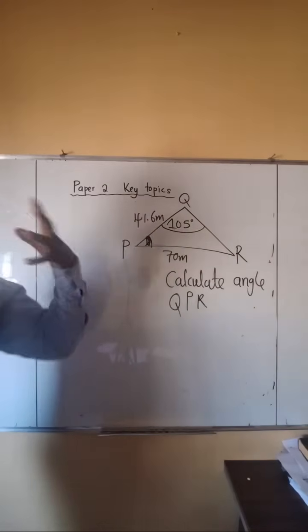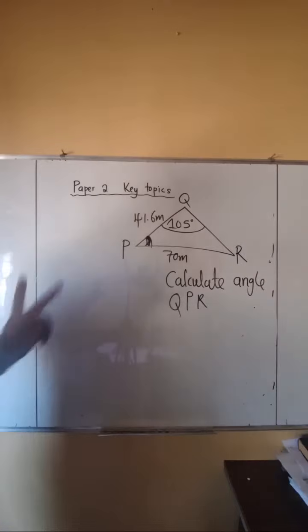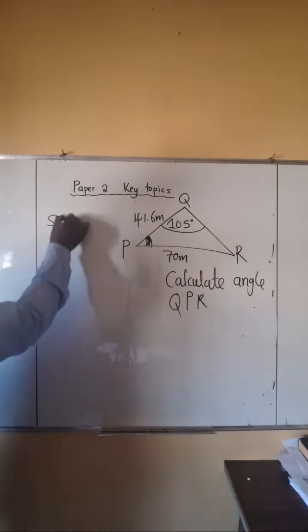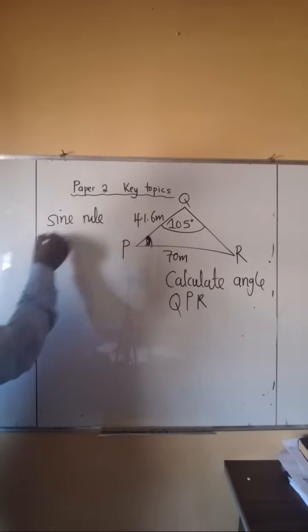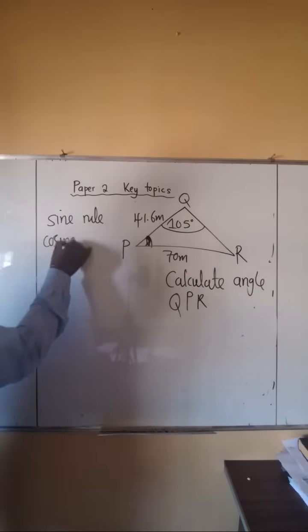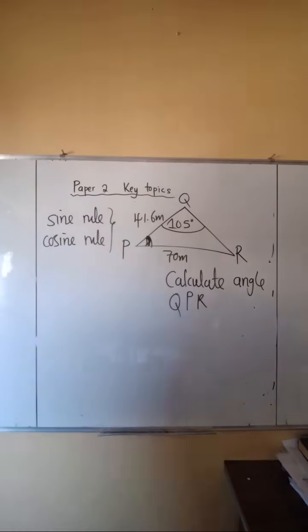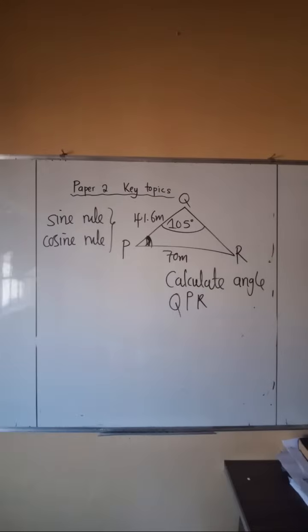Whenever you're dealing with trig, there are only two rules: either sine rule or cosine rule, provided the triangle you're dealing with is a non-right angle triangle. You can either go with sine rule or cosine rule.